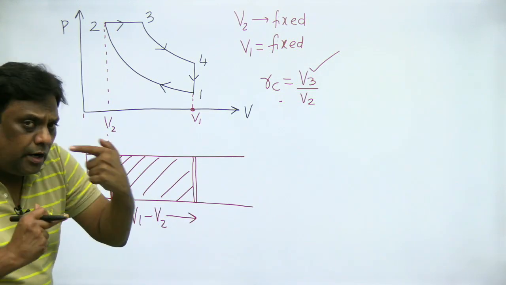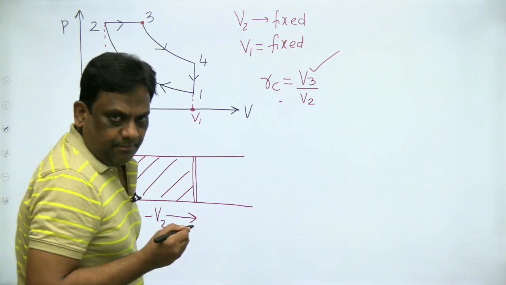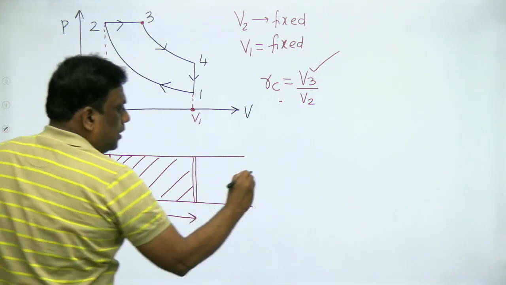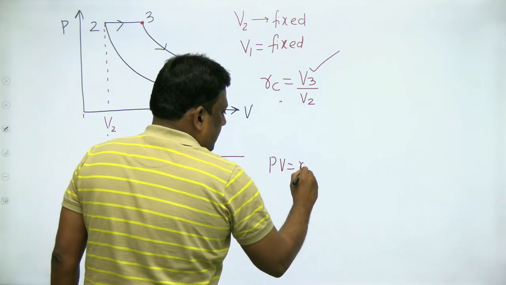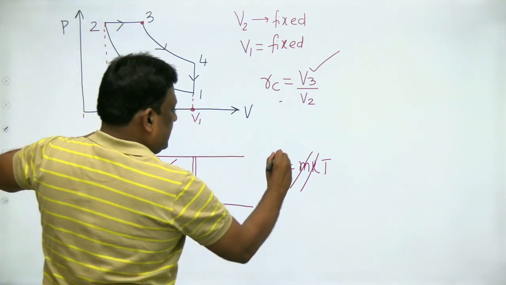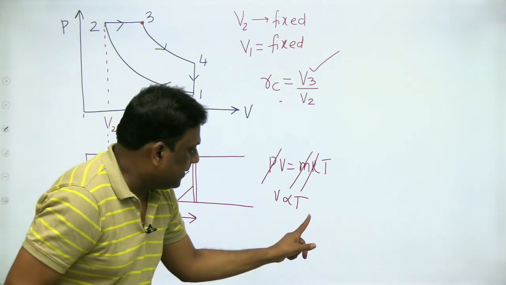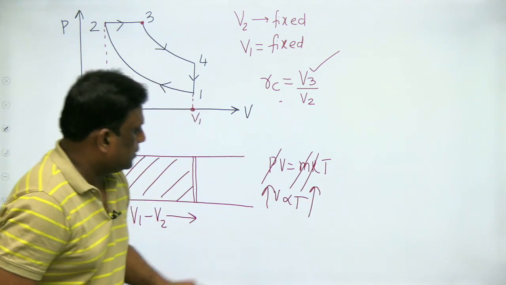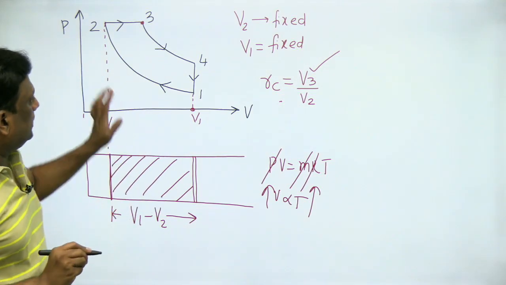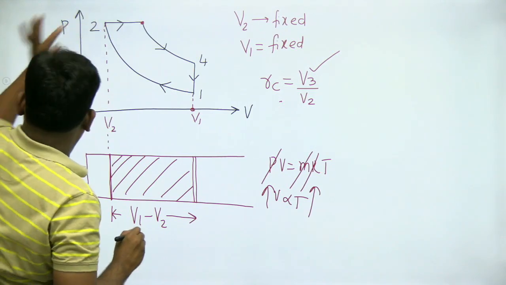So if I supply more heat, let us say, I'm not stopping at this point. Let me supply more heat. When I supply more heat, definitely, and you know PV is equal to mRT, m is constant, closed system analysis, R is constant. 2 to 3 is a constant pressure process, V is directly proportional to T. Now observe, if I supply more heat, the temperature will rise and thereby the volume will also rise. So therefore, now instead of stopping, please note down that this is my original cycle. I repeat, my dear students, this is my original cycle.